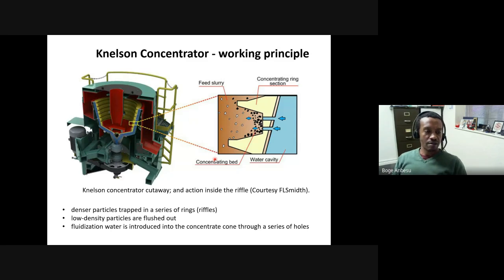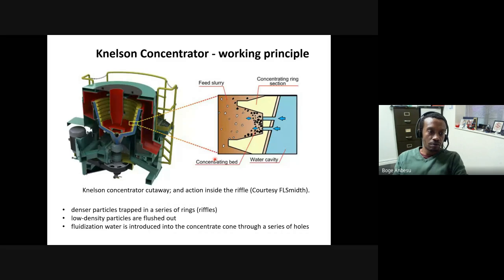After some time, you wash them off and proceed like that. I asked the people operating these, and they say typically you operate around a 20-minute cycle. One cycle takes about 20 minutes to apply the centrifugation, concentrate and fill up the grooves or the riffles, and then wash them off and start again.